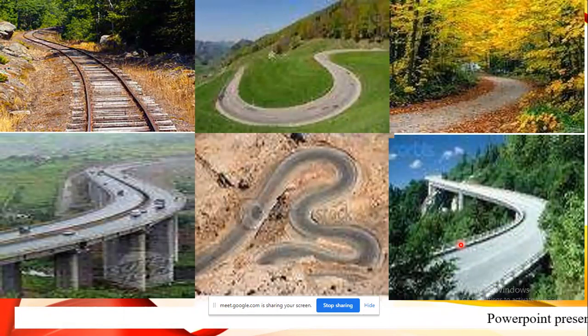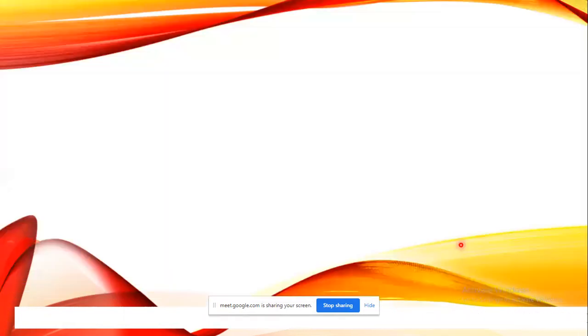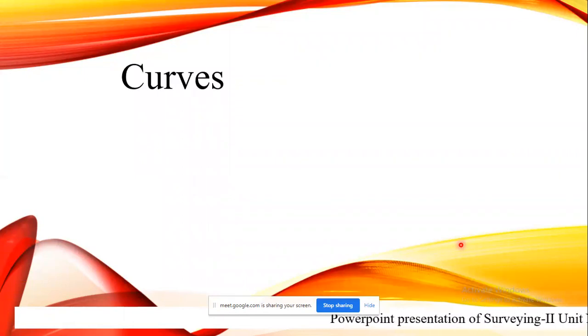So we'll start. What do you mean by a curve? Basically the curve is provided when there is some obstruction in between the straight alignment of the road. Due to the presence of unavoidable circumstances, you are supposed to take a diversion.